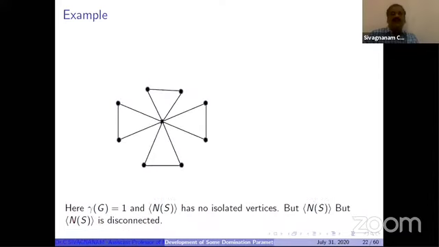Suppose we are considering another example. This is called a friendship graph. Okay, so this graph, what is the domination number? Only one vertex is enough.